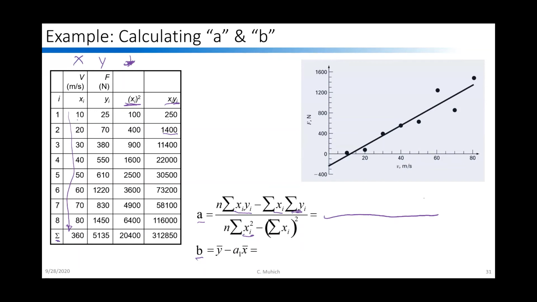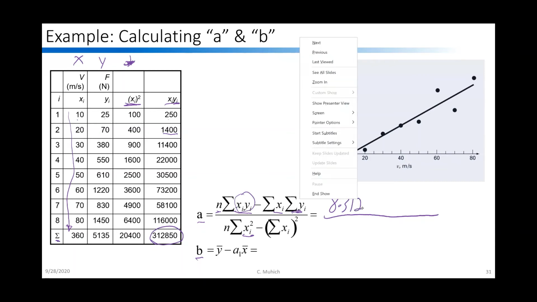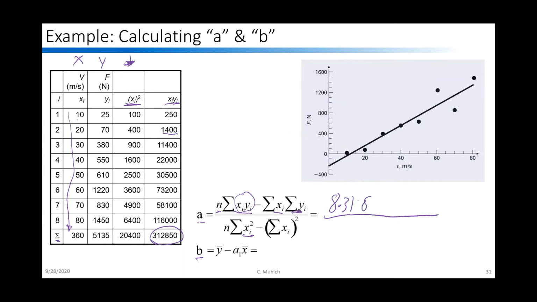Okay, so first we need to know how many values we have. Well, we have 8. We now need my sum of xy. Well, that's 12,850 minus the sum of the x's. Well, that's 360 times the sum of my y's.